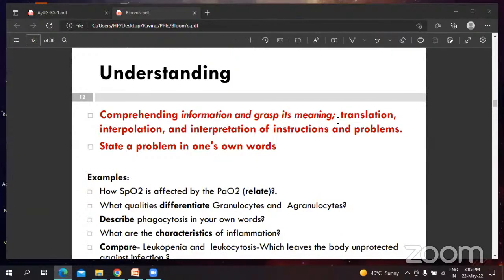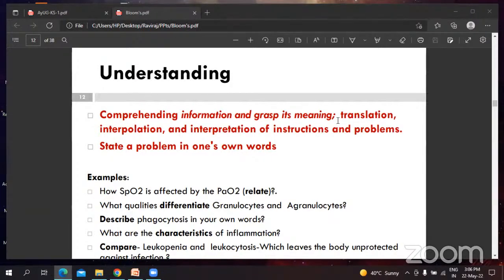So at this level, we will be able to comprehend information and grasp its meaning. We'll be able to translate things, like the reports printed on paper, into some sort of diagnosis, right? We will be able to interpret what the value means, what that finding means, right?